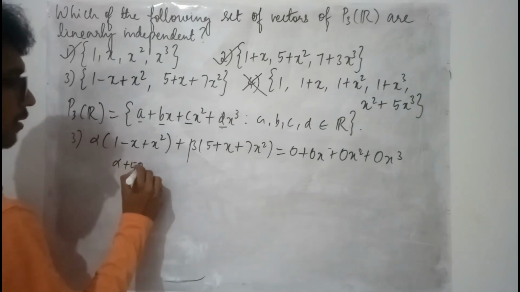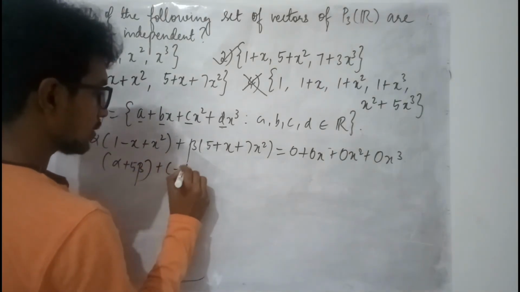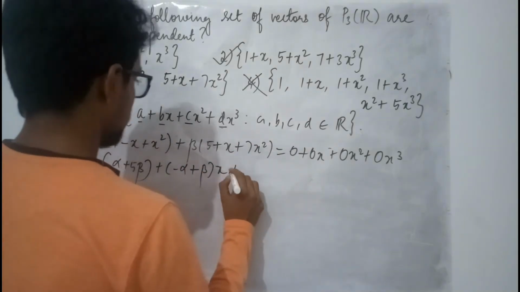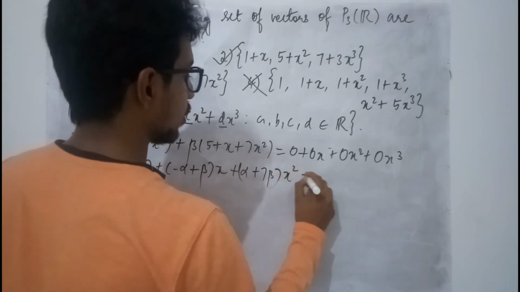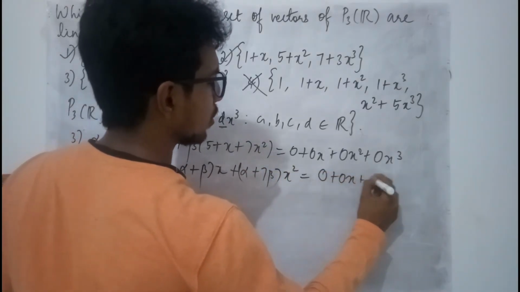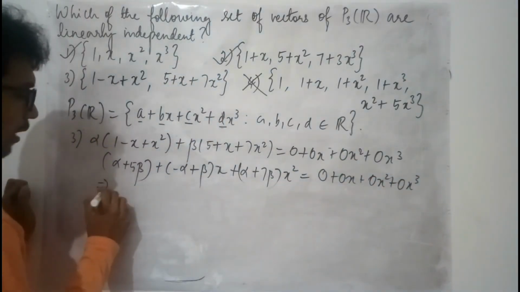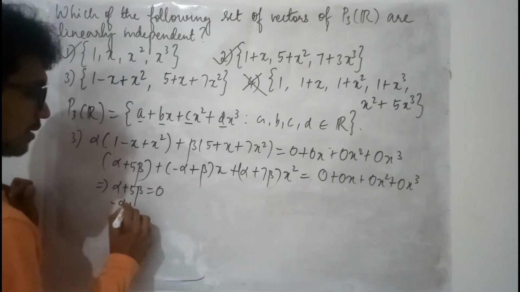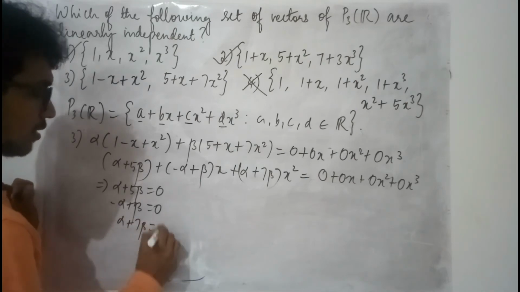Alpha plus 5 beta, when I take the constant terms out, then minus alpha plus beta times of x plus alpha plus 7 beta times of x squared, which is to be equated to these things. Okay, when you equate the like terms, you have what? Alpha plus 5 beta is 0, minus alpha plus beta is 0, alpha plus 7 beta is 0.